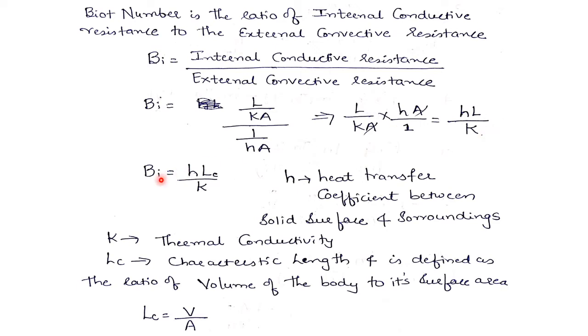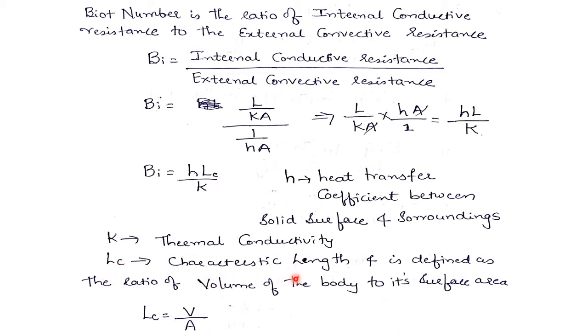So the Biot number is given by H into L, which I will replace by LC. Bi equals H into LC divided by K, where H is the convective heat transfer coefficient between the solid surface and the surroundings, K is the thermal conductivity, and LC is the characteristic length.